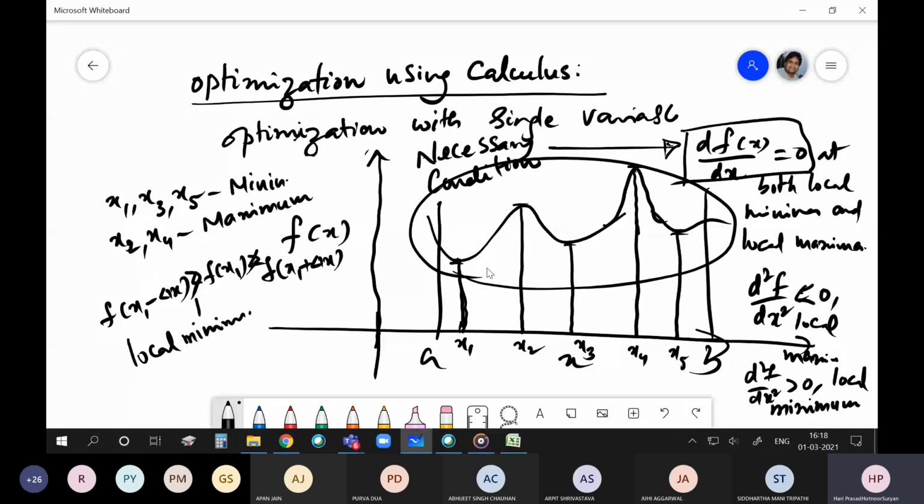If it has too many ups and downs, we cannot say with certainty whether what we have got is a local minima or local maxima. So we need to know the nature of the function, whether the function is concave or convex.